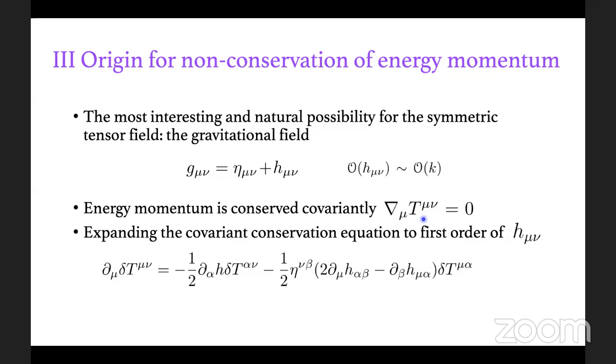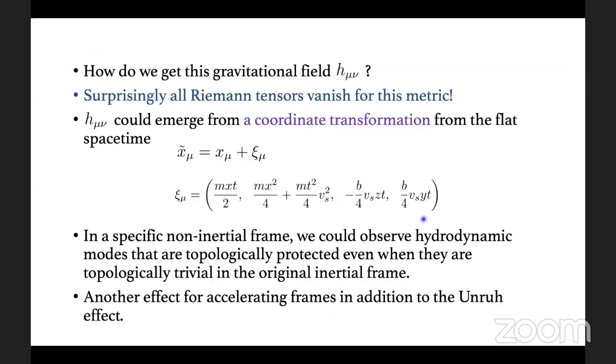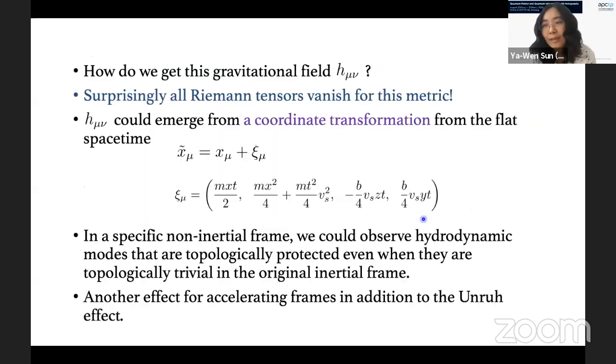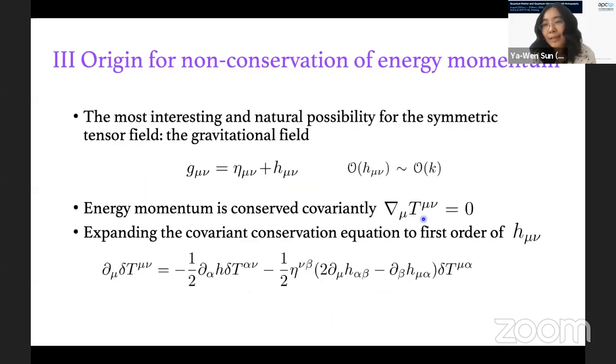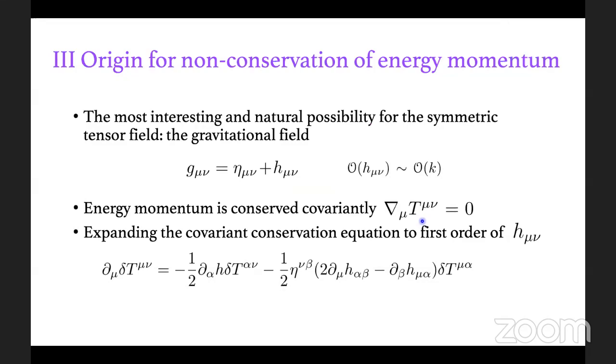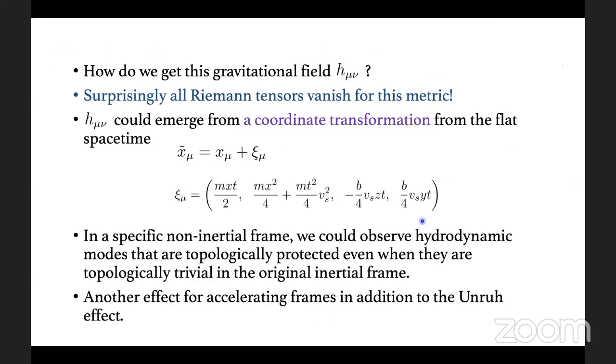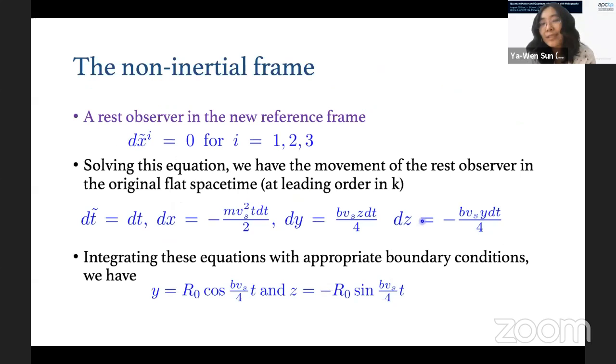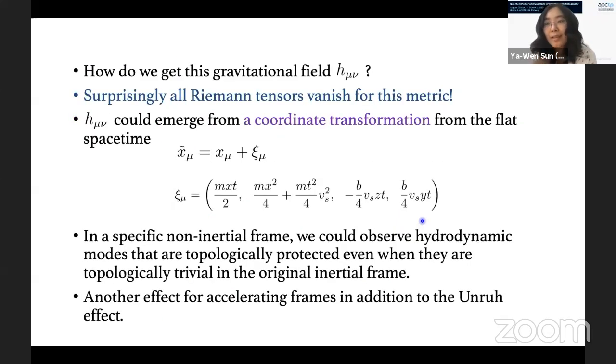For the hydrodynamic modes, we don't care what you observe, like T zero zero or T mu nu. We only see what we observe for the hydrodynamic modes. So you are only interested in the dispersion relations? Oh yeah, dispersion relations. So that doesn't matter.